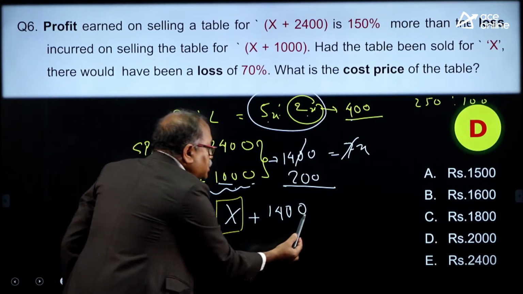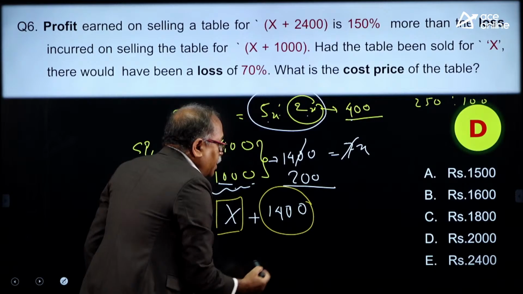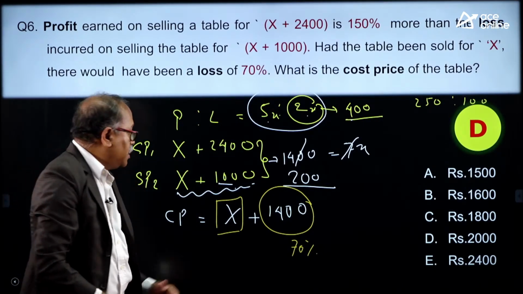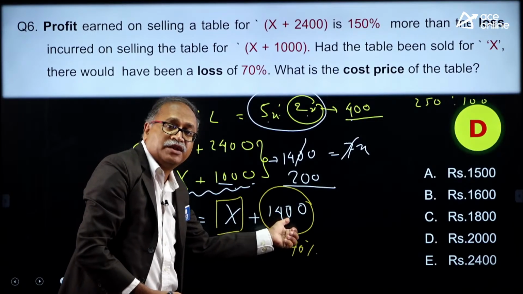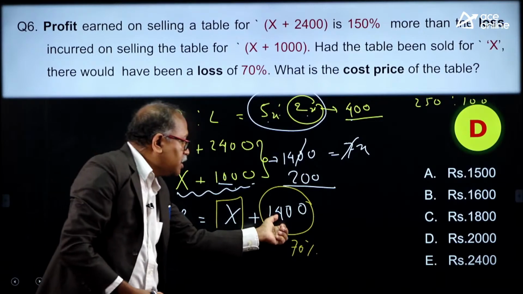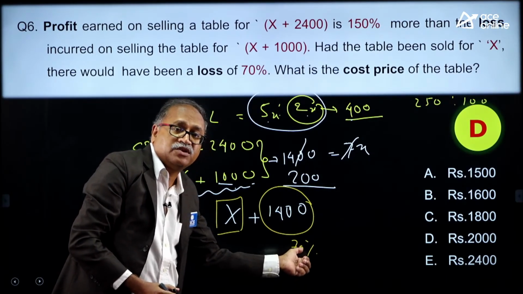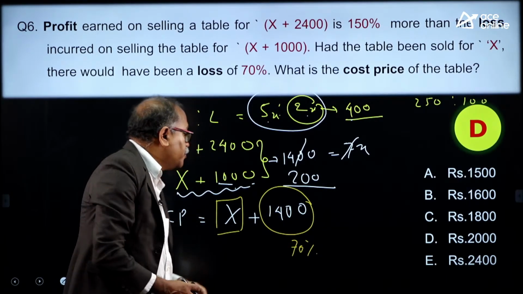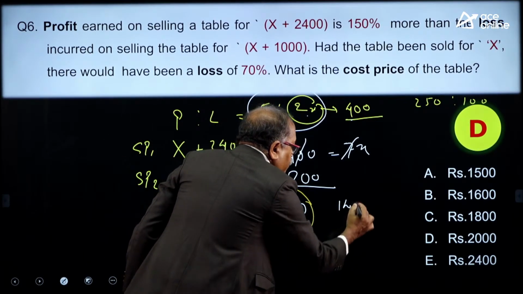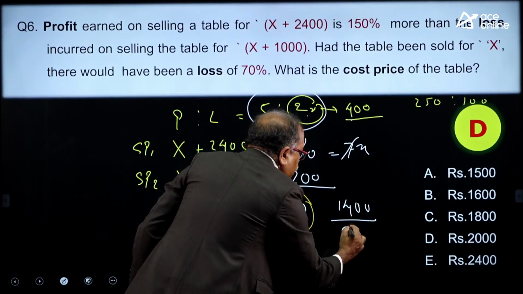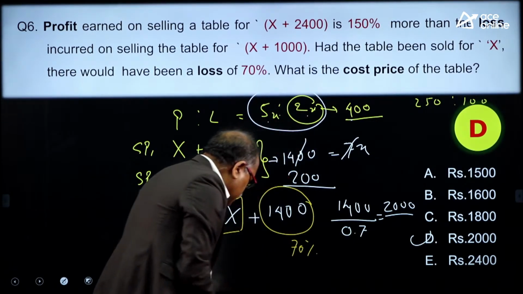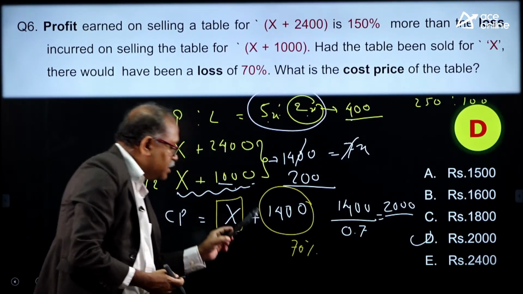That means this missing value represents 70% of the cost price. So, when 1400 is 70%, what is 100%? That is 1400 divided by 0.7, and I am getting 2000. Option choice D, that is right.